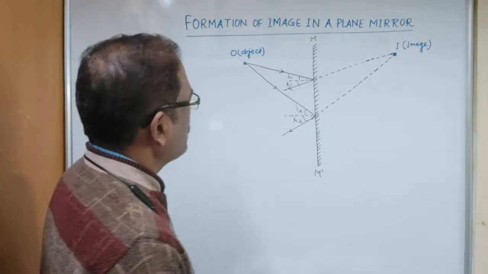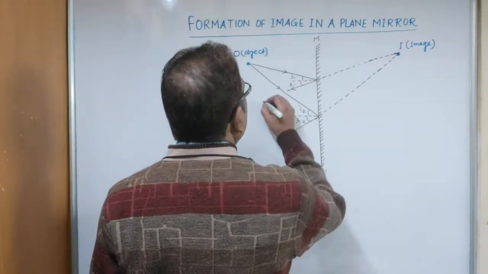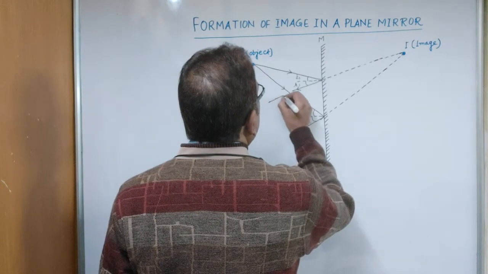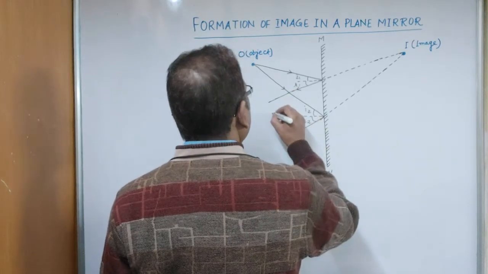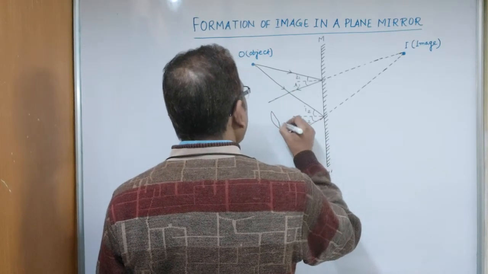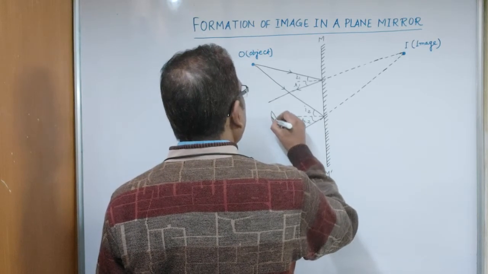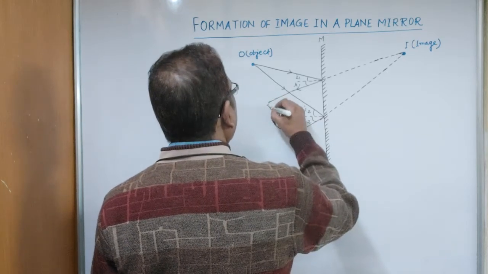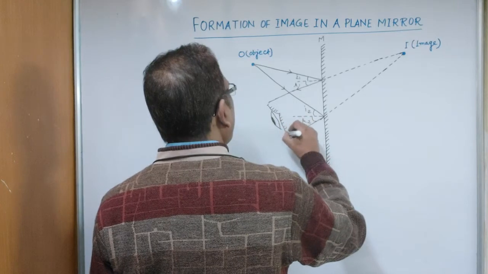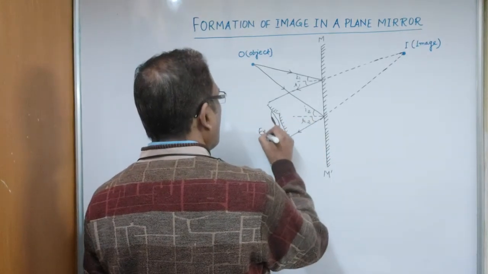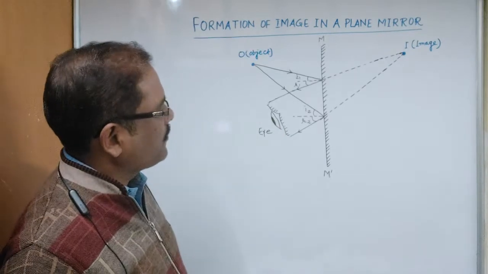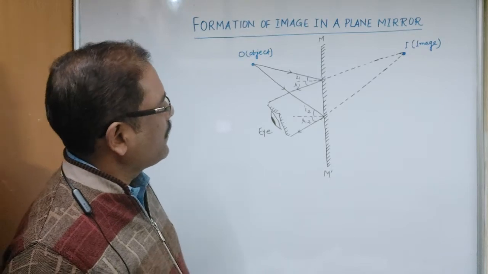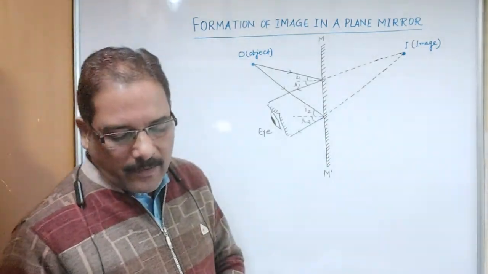Suppose this is the position of the eye. Roughly I have drawn it, so you make it with a straight line, and you will find that an image will be formed behind the mirror.